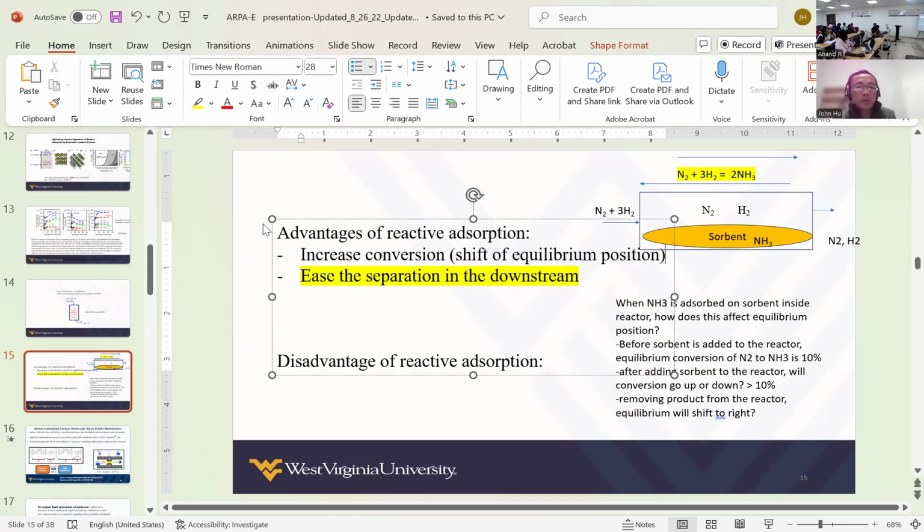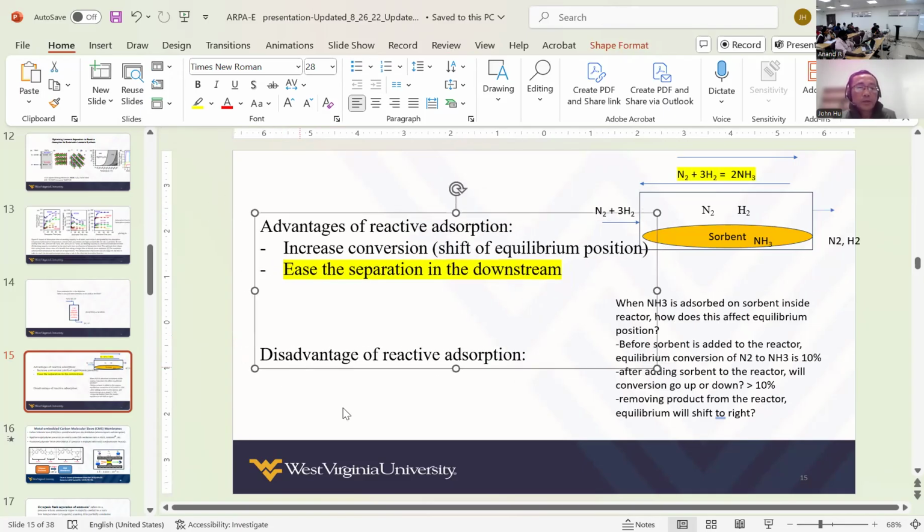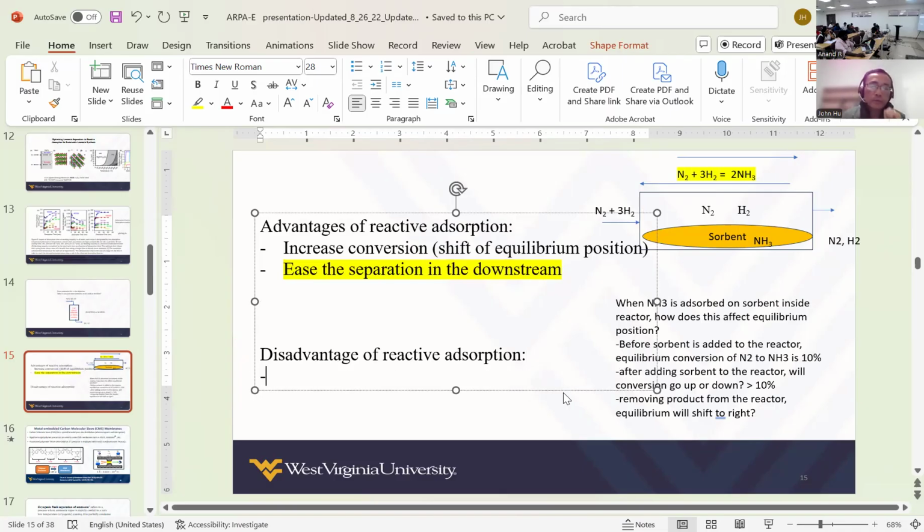Okay, so let's talk about disadvantage. What's the disadvantage you see here? Any disadvantage of this configuration? The carbon will not be fully absorbed, sir.